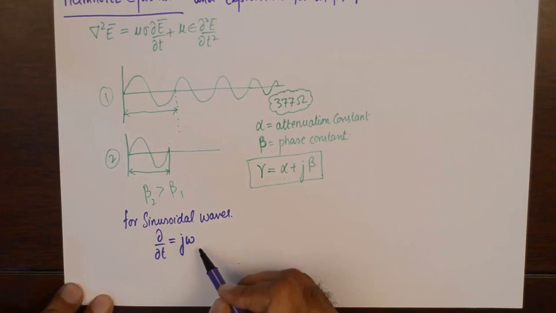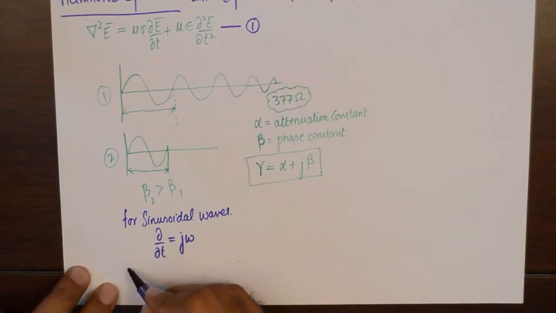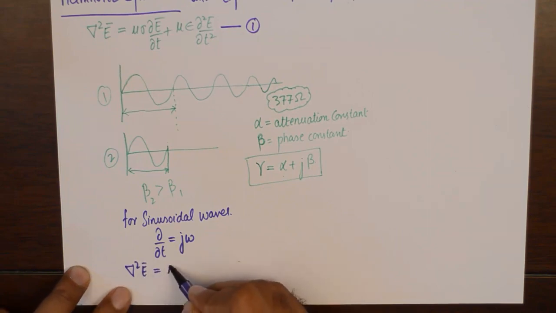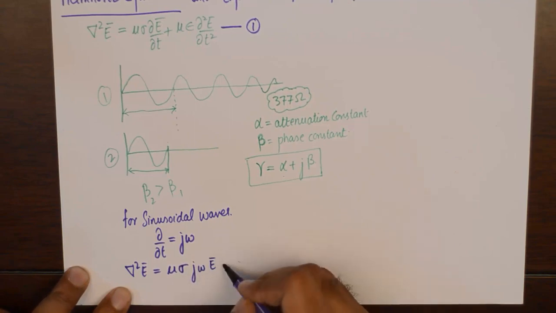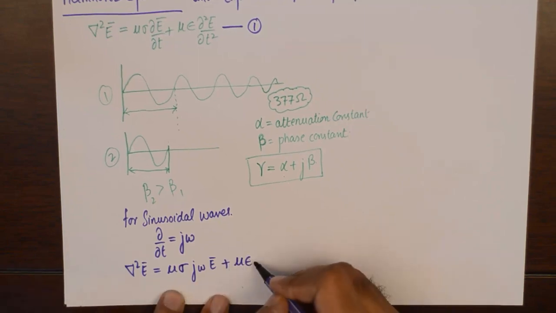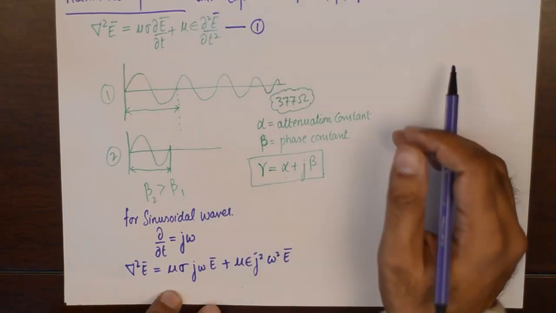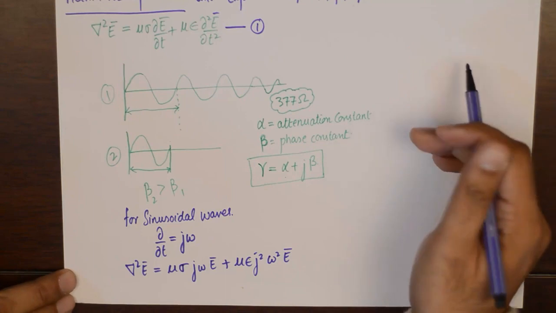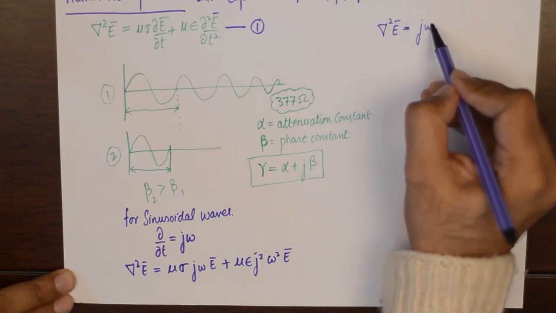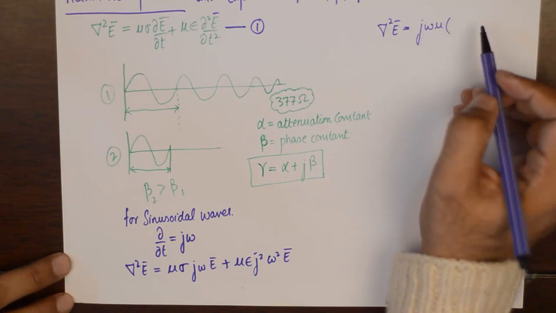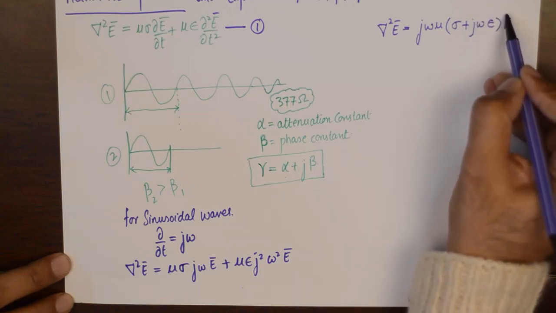So when we substitute this in our characteristic wave equation for any medium or lossy medium, what we get is Laplacian E equals mu sigma j omega E plus mu epsilon j square omega square E, and a little bit of rearrangement gives us j omega mu as a common term, and then sigma plus j omega epsilon multiplied by E.